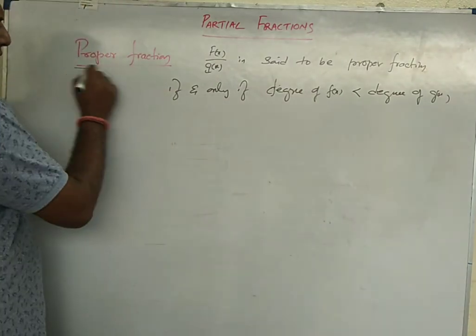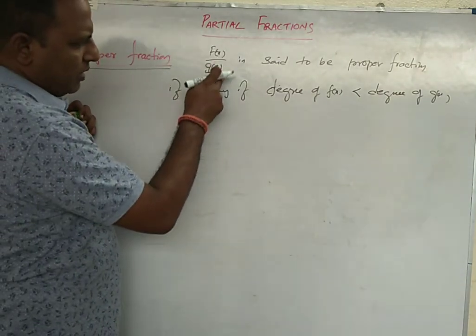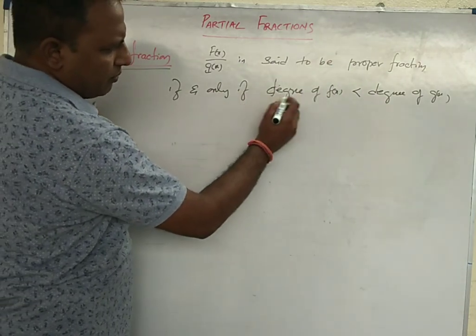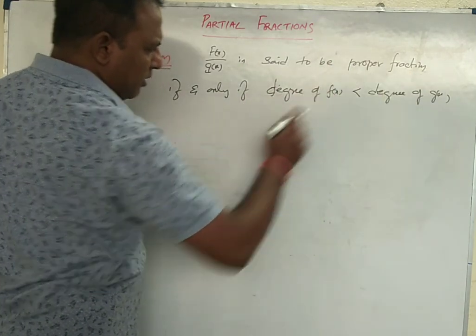Is it clear? Proper fraction means f of x by g of x is said to be a proper fraction if and only if degree of f of x is less than degree of g of x.